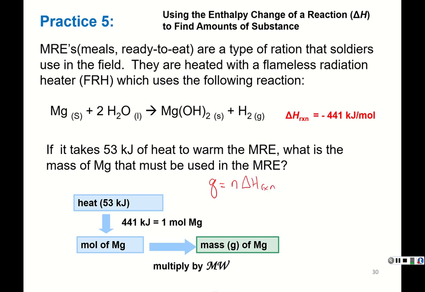But if you didn't remember that equation, you could look at what units were given here, right? Kilojoules per mole and kilojoules. We can rearrange these to get the number of moles. And so that becomes, right, number of moles is just going to be our heat that needs to be given off, divided by our delta H of our reaction.